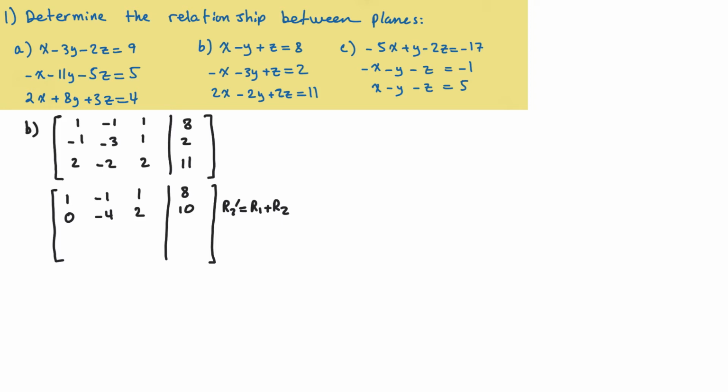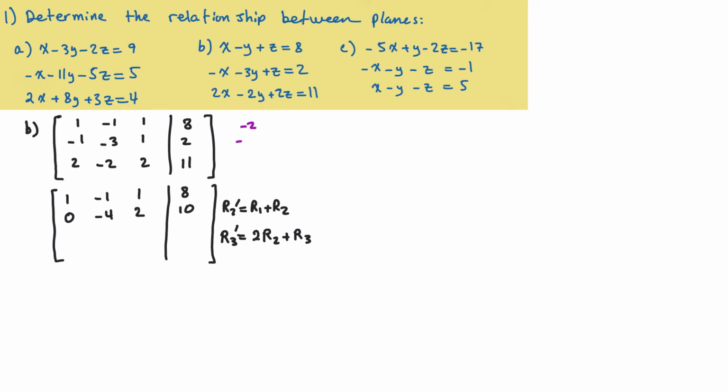For the third row over here, I'm going to try to reduce this value to 0, and one easy way is to add 2 times negative 1 to 2, and that will give us a 0. So for the third row, I'm going to take 2 multiplied by row 2 and add it to row 3. I'm just going to multiply everything in row 2.